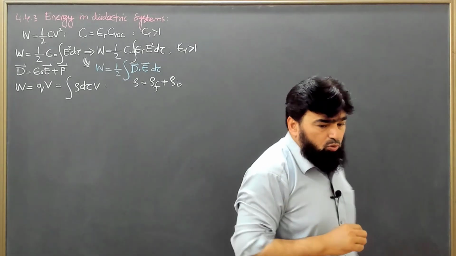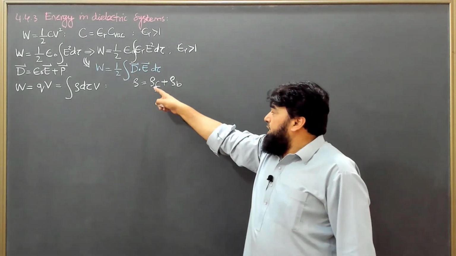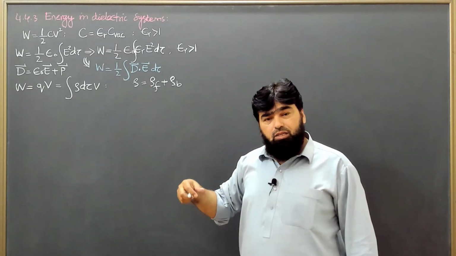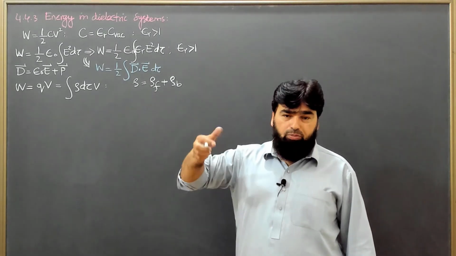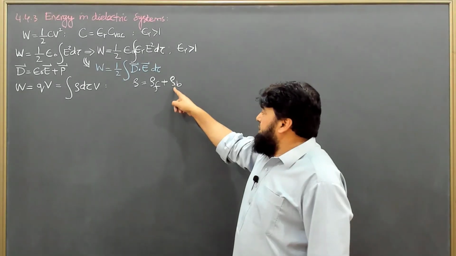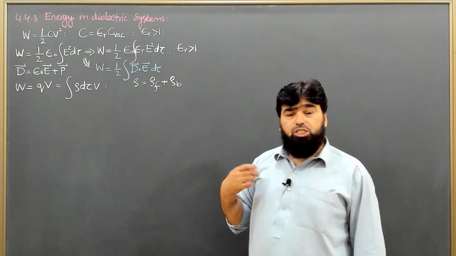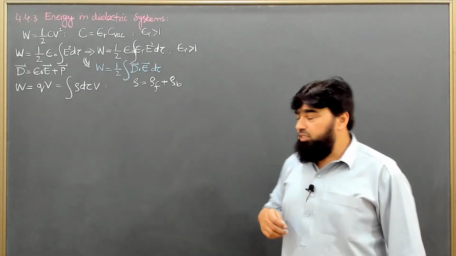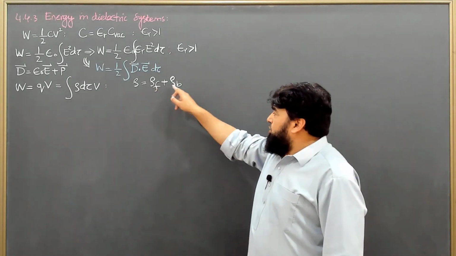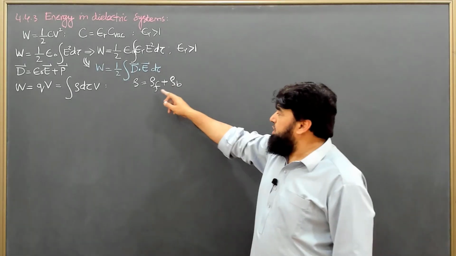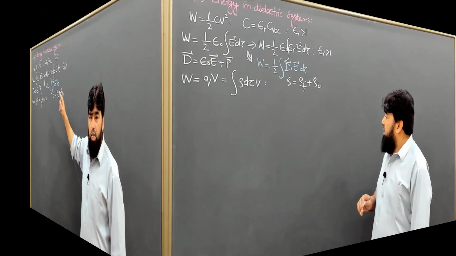Now what is rho free? Rho free is the charge that we provide and can control externally, while rho bound is the material factor, the bound charge inside the material. We cannot control this one because it depends on the nature of the material. Externally we can control only the free charges.